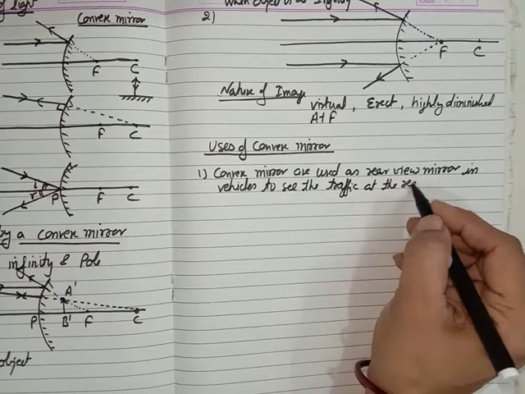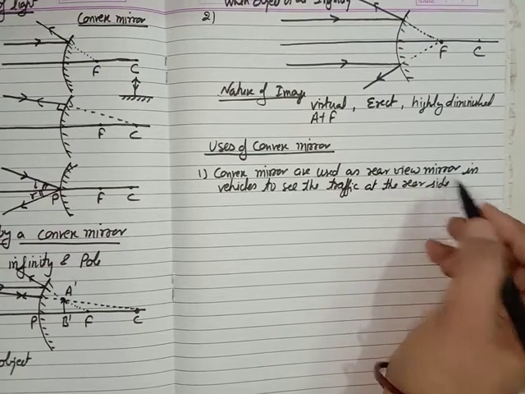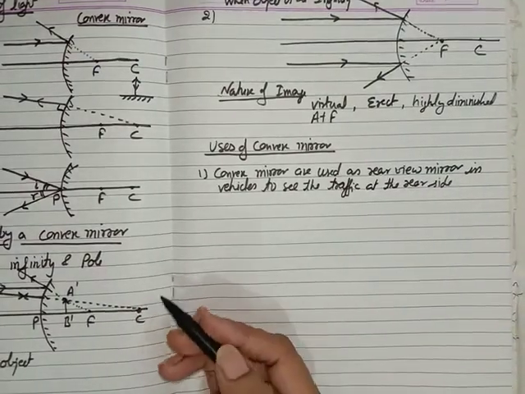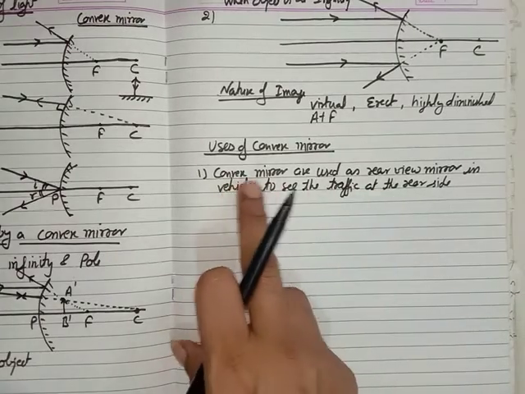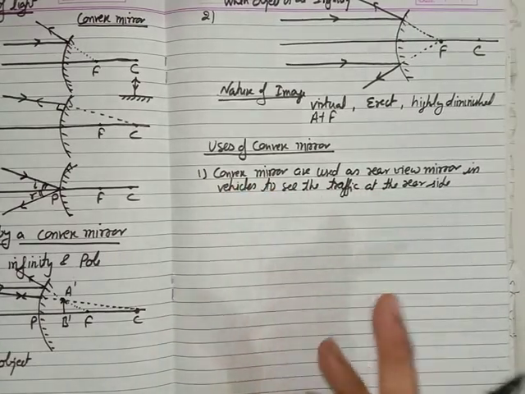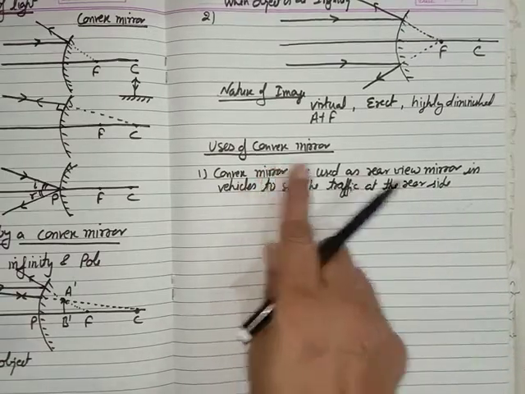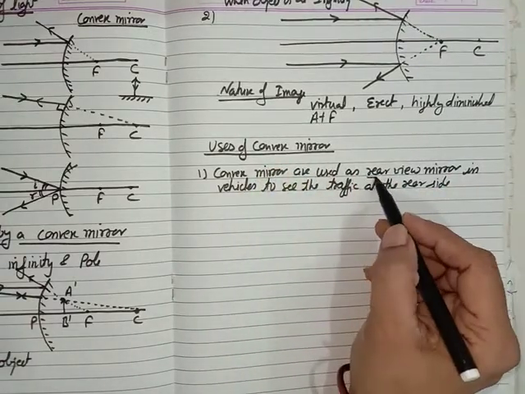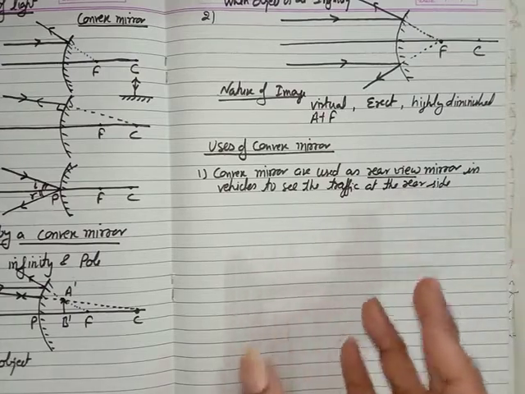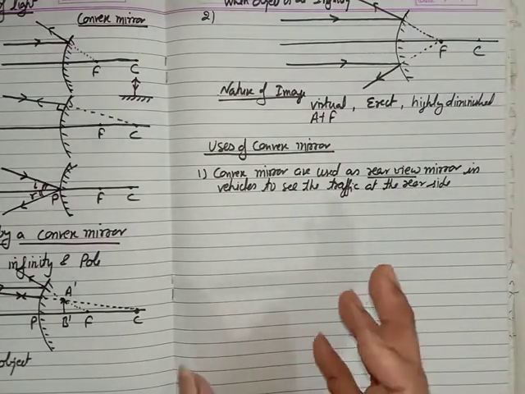You should know why we use the convex mirror as a rear view mirror, why we don't use a plane mirror, or why we don't use a concave mirror in place of convex mirror. This is very important, and you should know why we use only the convex mirror.